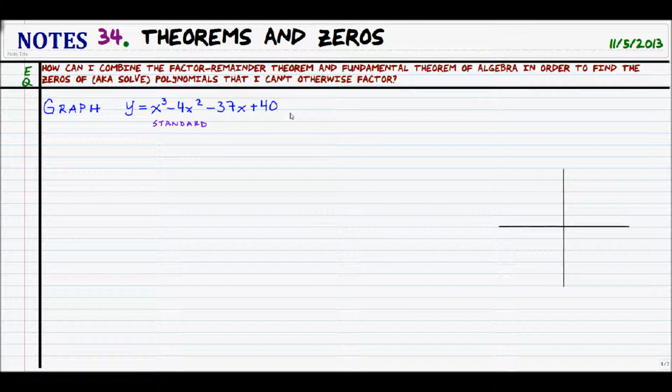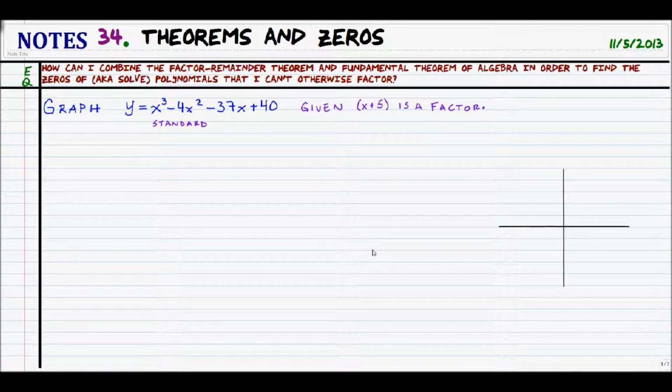So for this guy, I'd have to give you one more piece of information. I would say graph that polynomial given, let's say, x plus 5 is a factor. Just like yesterday, that way it starts the problem off the same way as before.